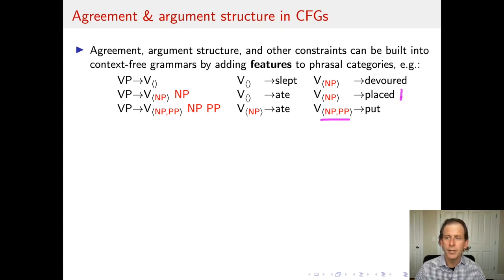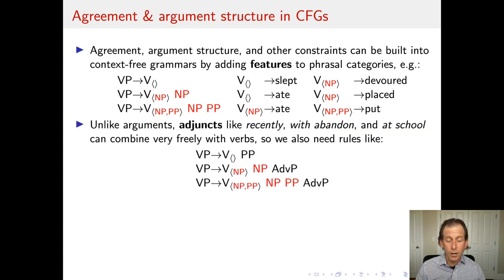If you're looking carefully, you'll notice that there's still not enough information for place, because place also could be used with a prepositional phrase. And that illustrates something else, which is that in addition to arguments, language has adjuncts. And adjuncts, without going into great detail, are words like recently or with abandon or at school that can combine very freely with verbs. They don't have to have a specific set of requirements that the verb offers in order to combine with them.